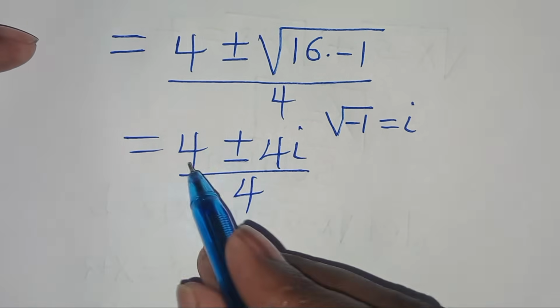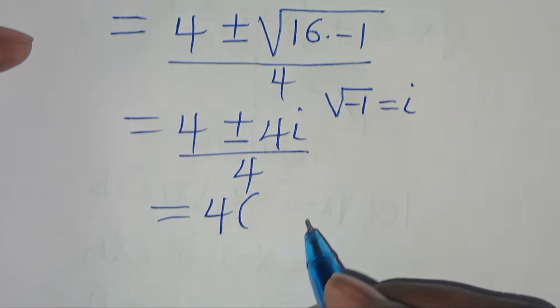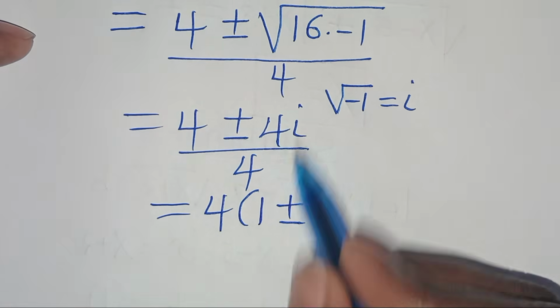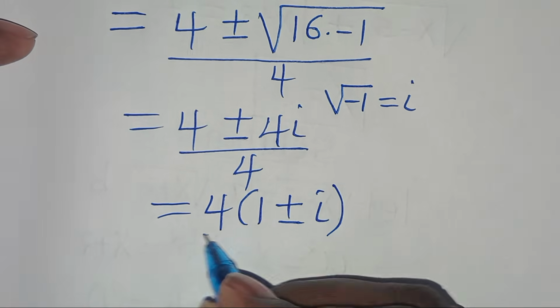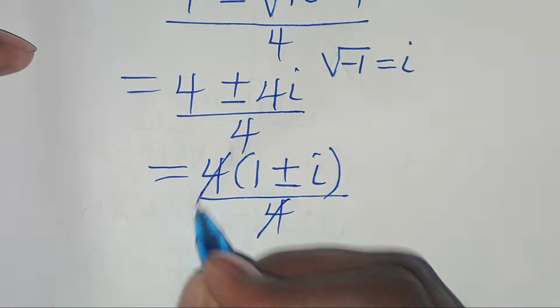In the numerator here, 4 is common. We can factor out 4, so that 4 divided by 4 is 1, plus or minus 4i divided by 4. So let's simplify 4 and 4 here.